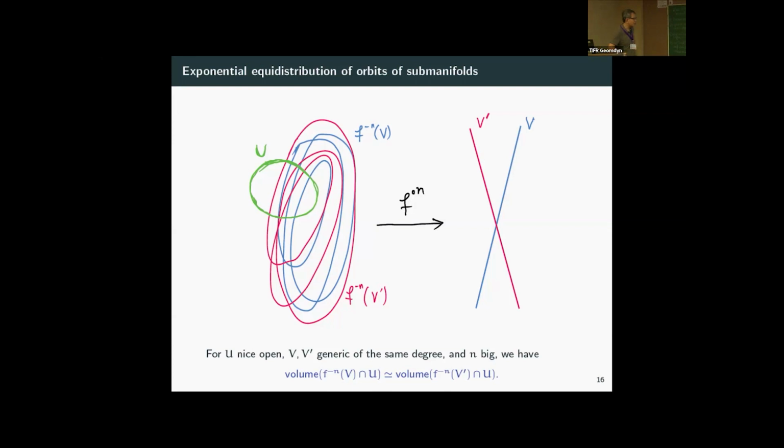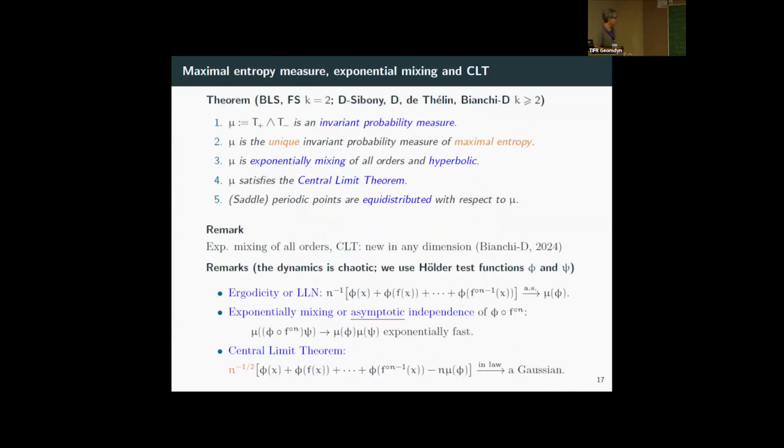Then you have more or less the same volume. This is the consequence of the equidistribution, and this picture holds exponentially fast as n goes to infinity.